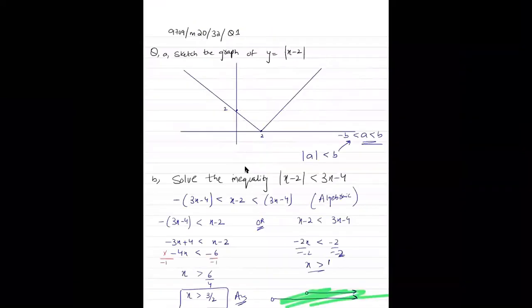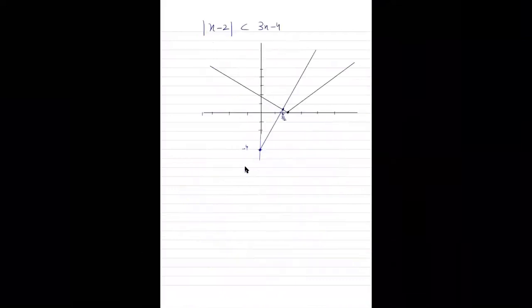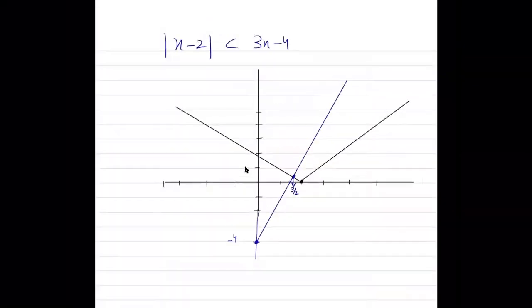And if we solve this the other way, the other value that we were getting was 1, right? But that would not be the case over here. It's going to be 3 upon 2, and you're going to say that the modulus graph is less than 3x minus 4 for all the values of x that are greater than 3 upon 2. That's going to be the solution.